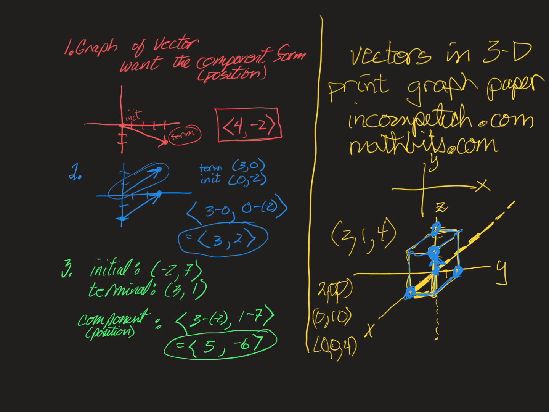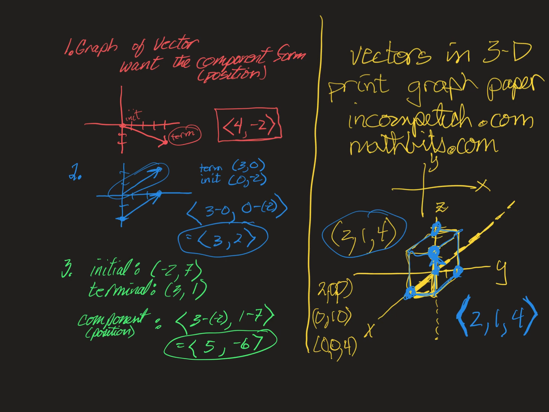Okay, so it's a diagonal of the whole box. And since this point is connected component-wise, you can rewrite this as a three-dimensional vector as well. Okay? 2, 1, 4.